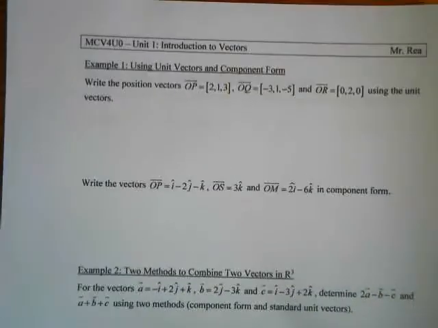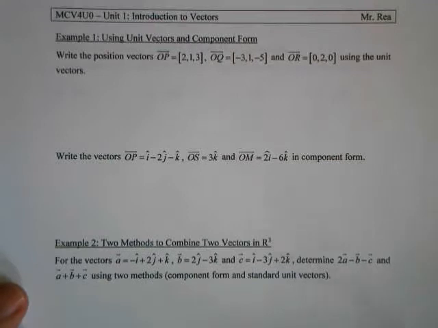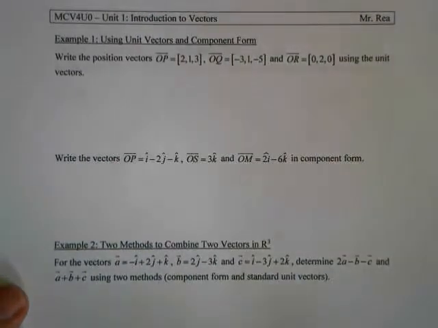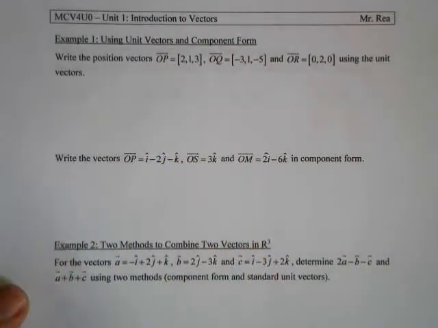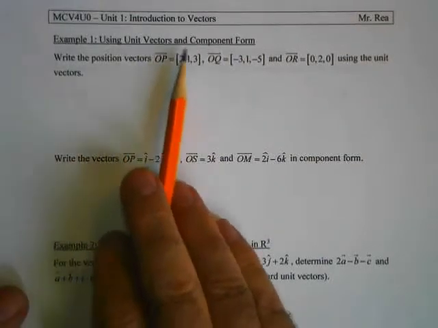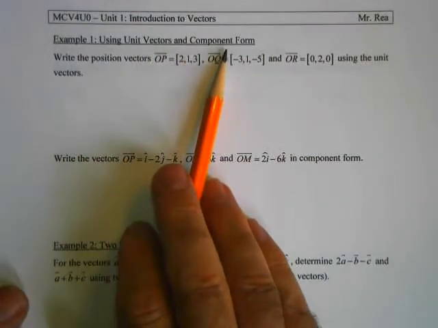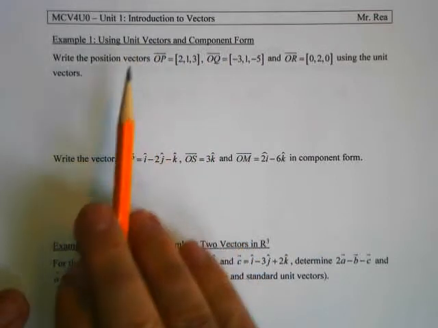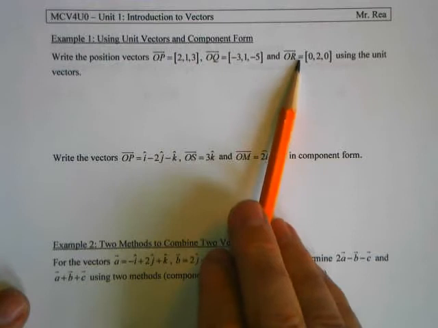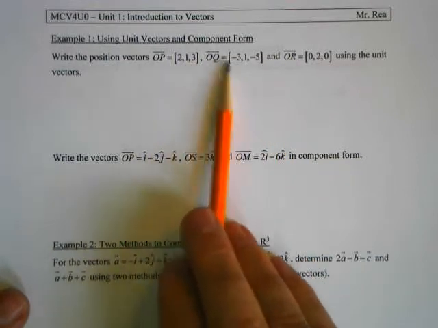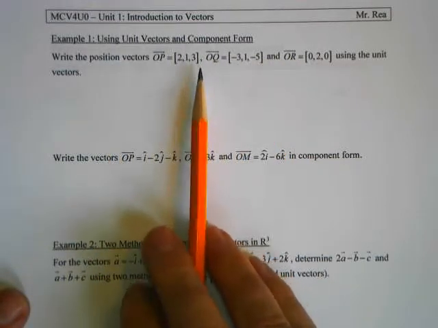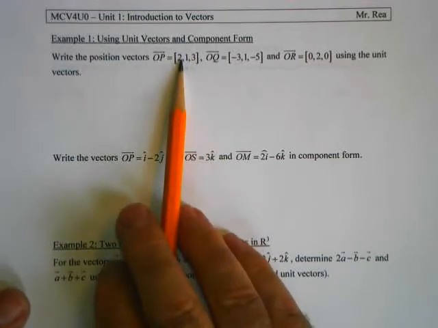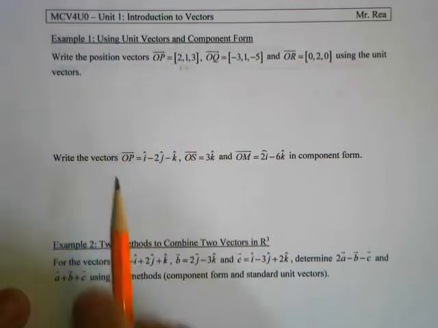All right. So these examples are very similar to the previous lesson. We are converting back and forth between the component form and the unit vector form. We're using the i hat, j hat, k hat. So here we're given 3 position vectors in component form, and we want to rewrite them using the unit vectors i hat, j hat, and k hat.